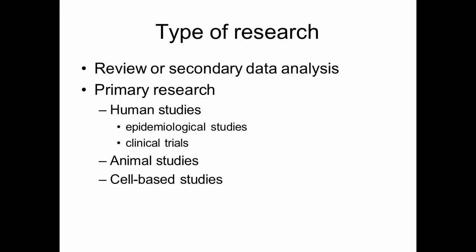So there are two types of research in the literature you will be able to find: review articles, also called secondary data analysis, and primary research. And for primary research, depending on the type of research, you will also find human studies, which include epidemiological studies or clinical trials, and animal studies and cell-based studies, right?